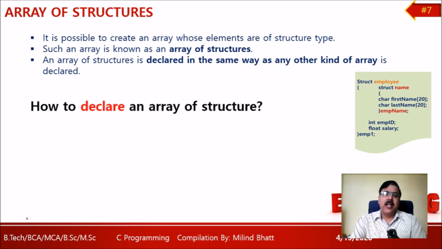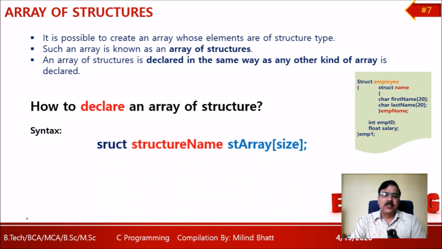Now, how to declare an array of structure? What is the syntax to it? Its syntax is very simple: struct, your structure name, your structure array name, along with the size. How many such array blocks do you want to create?